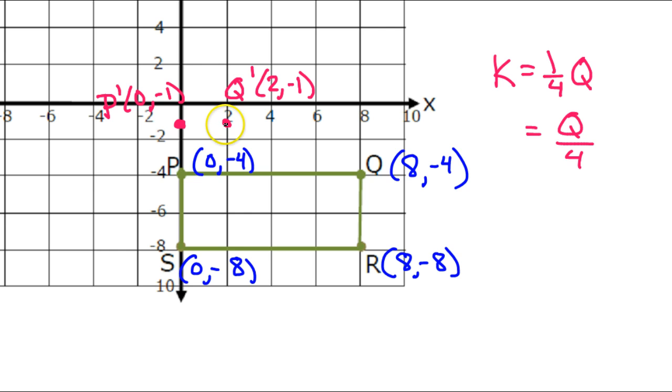So here's 2, and here is -2. So this is my point R prime, 2, -2. And finally this one, if I divide both of these by 4, that's going to give me 0, -2.